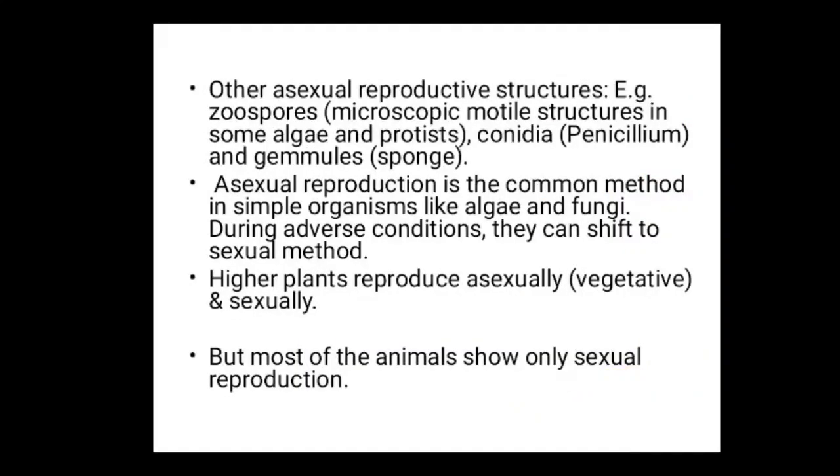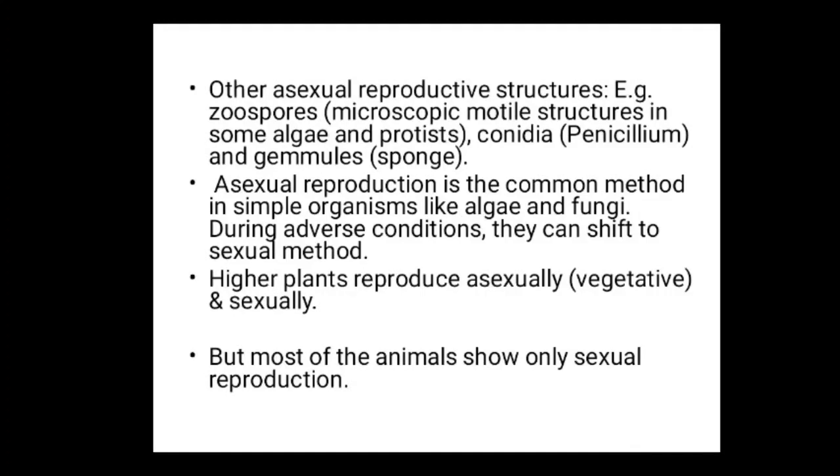Apart from the previous methods, there are some other methods for asexual reproduction. Here zoospores are mentioned. These are the motile structures of some algae and protists. They are also capable of asexual reproduction. Conidia of penicillium can also produce offspring through asexual reproduction.